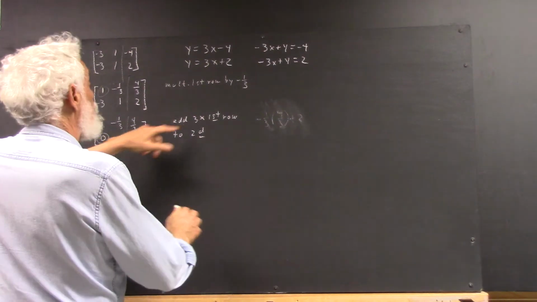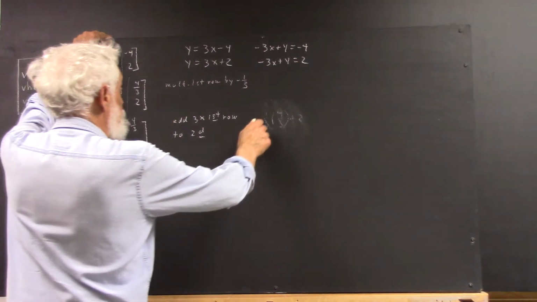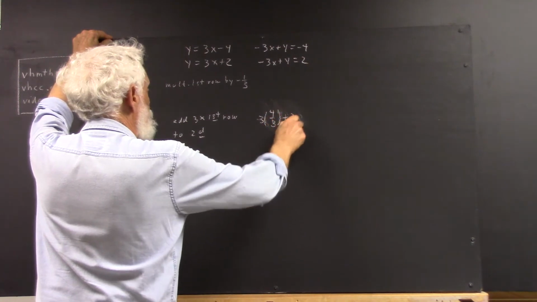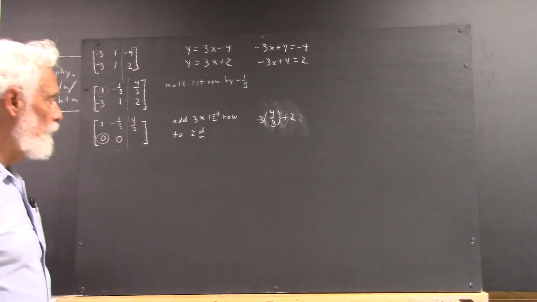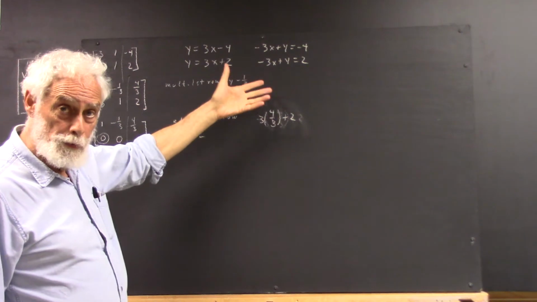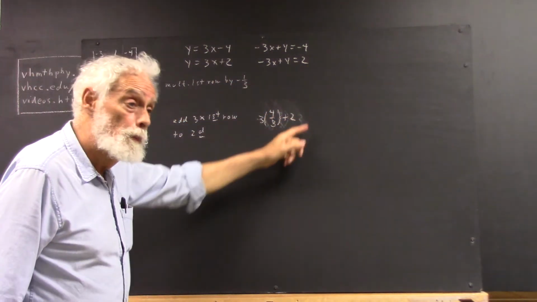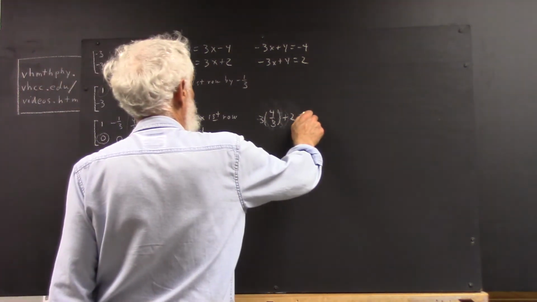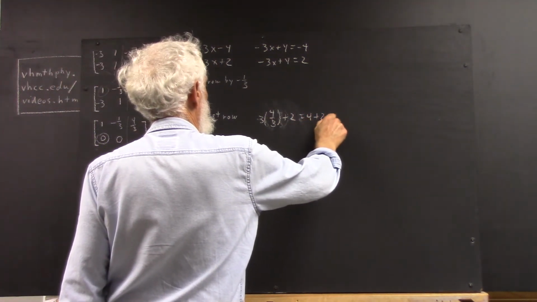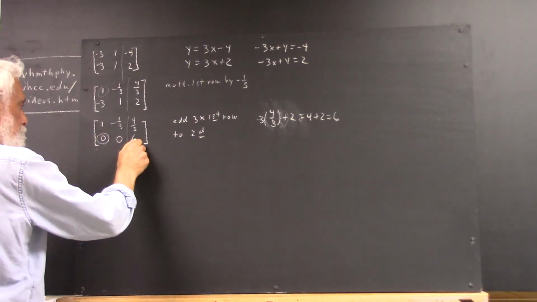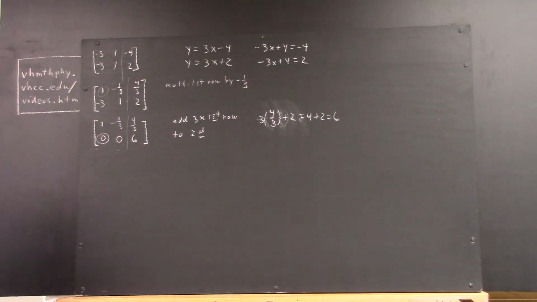We're adding 3 times the first row to the second. So we're doing 3 times 4/3 added to 2. Well, 3 times 4/3, again, get your fractions, is 4. 4 plus 2 is 6. So, yeah, I did a calculation out there, said I wasn't going to, but I'm not going to do them all. So we get this.